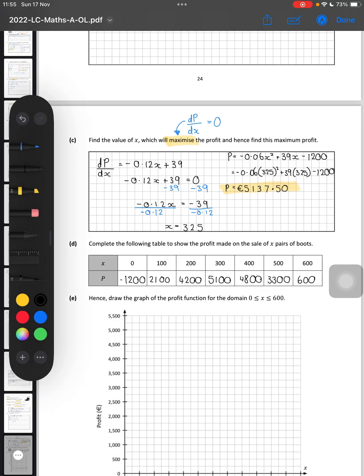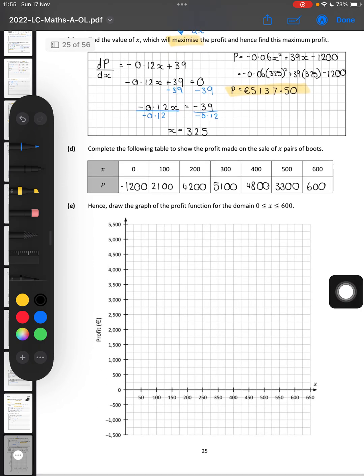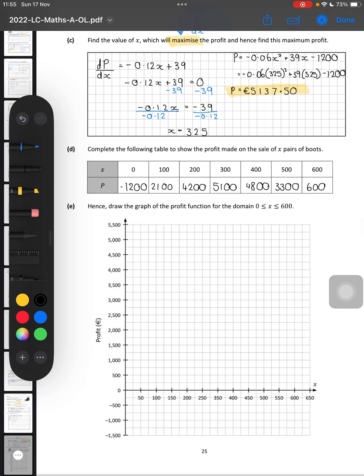If you didn't want to use your calculator, you can literally sub into this the same way we did with the 325. You can sub in 0, you can sub in 100, 200, and so on, and get all these different values out.